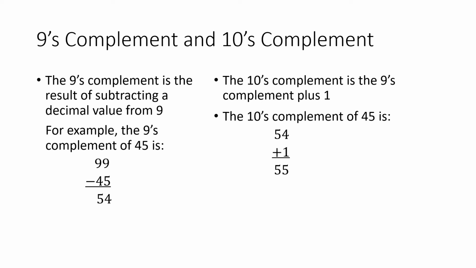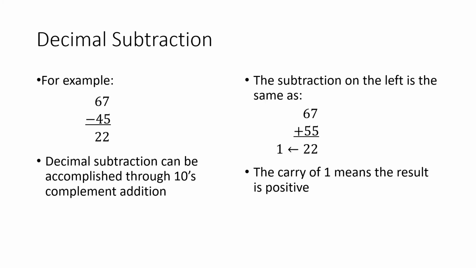The 9's complement of 45 is 54. And just like the 2's complement is the 1's complement plus 1, and the 16's complement is the 15's complement plus 1, the 10's complement of 45 is 55. Let's see if it works. Let's take a decimal subtraction operation: 67 minus 45 gives us 22.